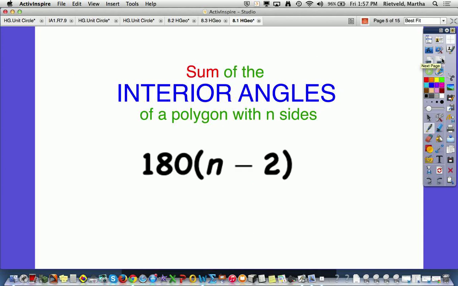Because of that pattern, we have a formula. There are always 2 less triangles than the number of sides. Multiplying that by 180 gives you the sum of the interior angles of a polygon.